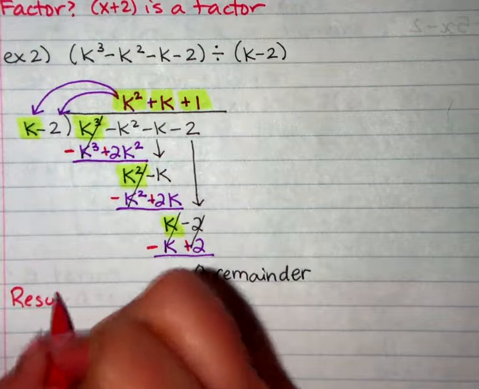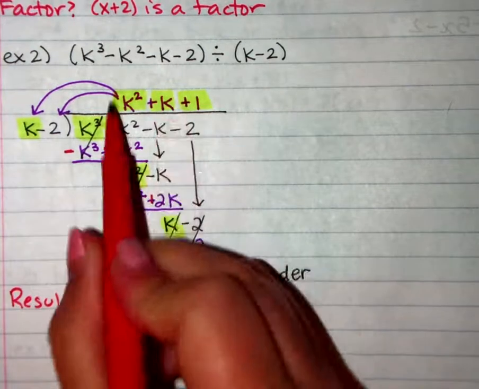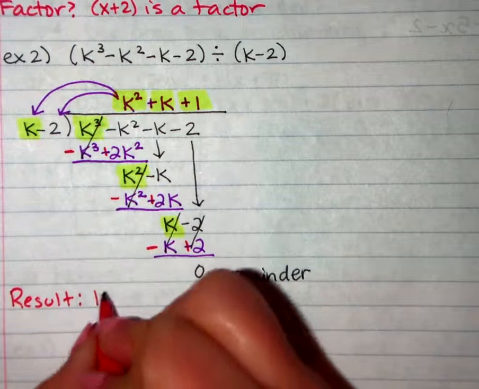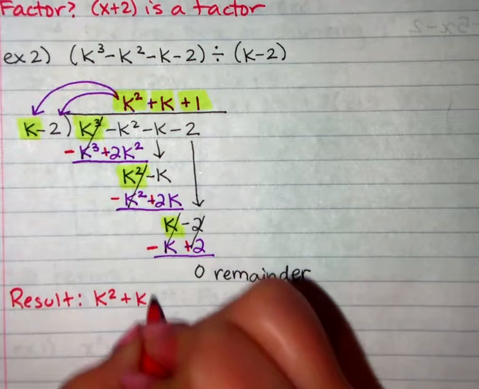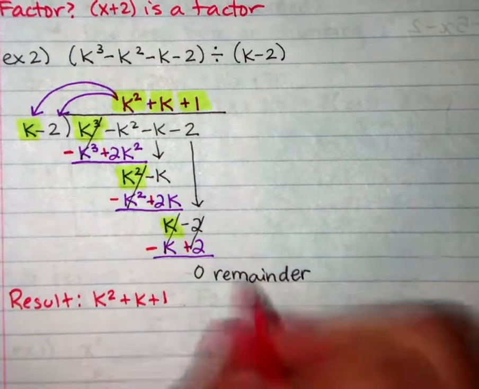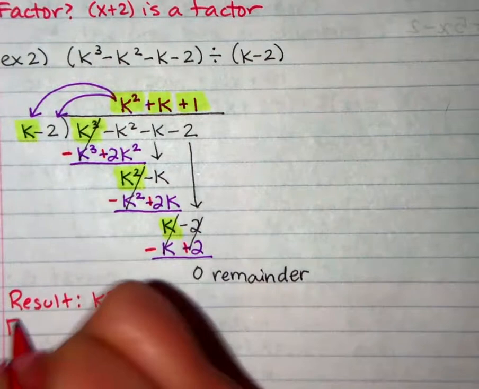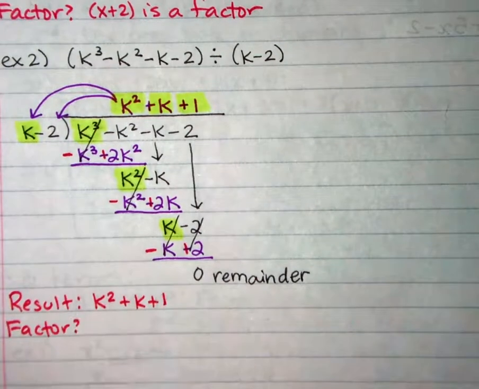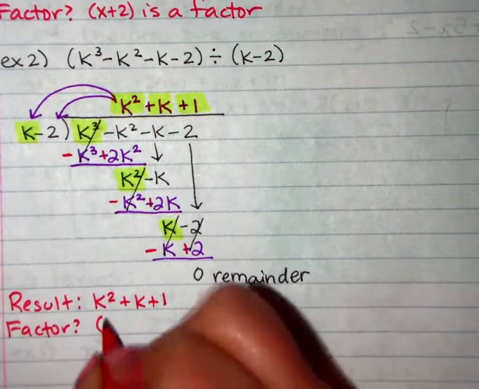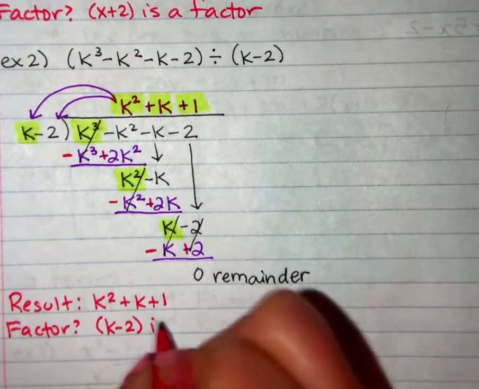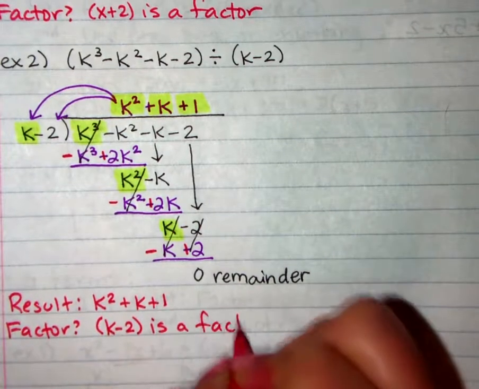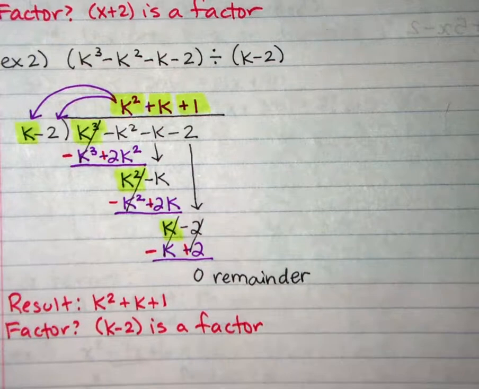And yes, k minus 2 is a factor. So this is two examples of where my polynomial division resulted in the divisor being a factor. And in the next few examples, we are going to look at what happens when this is not a factor.